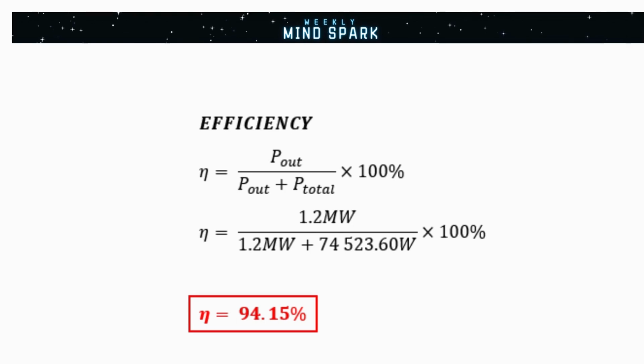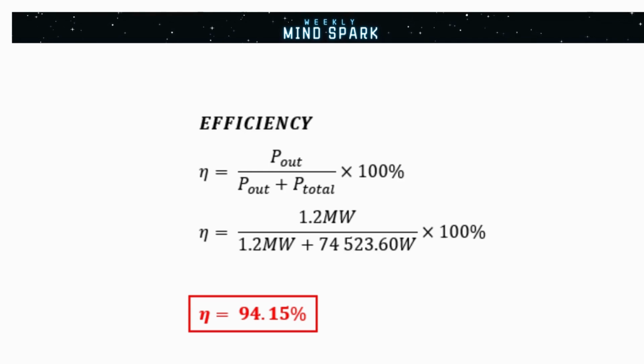And there you have it. By breaking down each component, power factor, resistance adjustments, and accounting for various power losses, we've determined the efficiency of this alternator in operation. So we can now use the equation of the efficiency, which is N is equal to P out over P out plus P total, times 100.